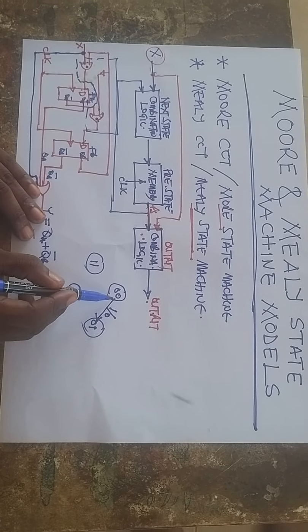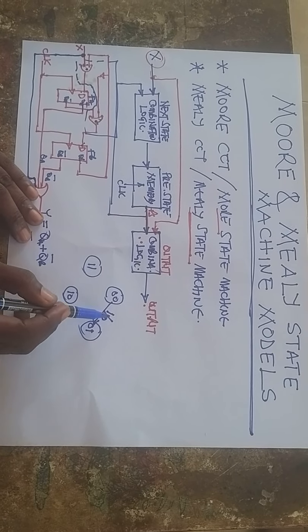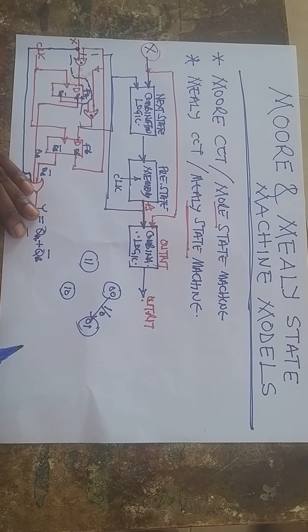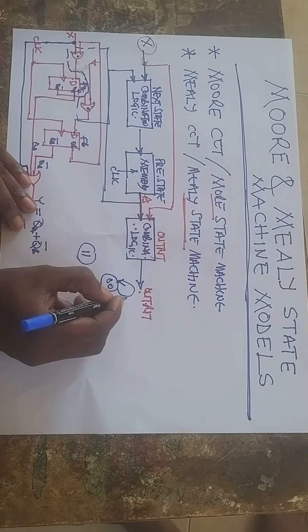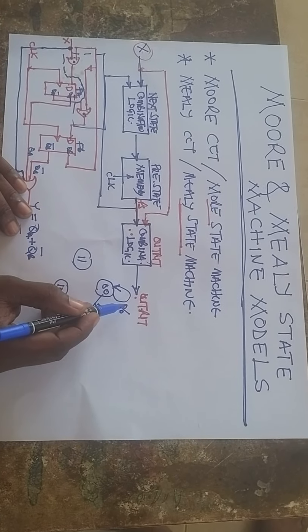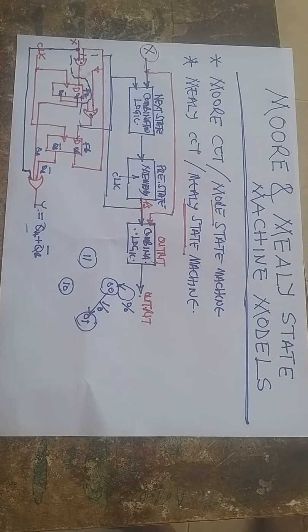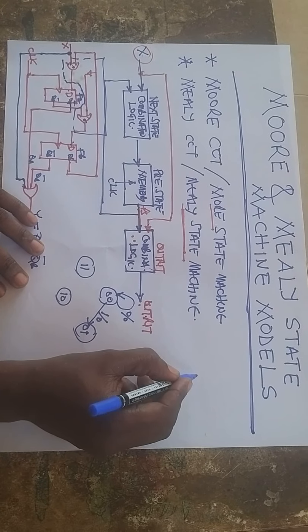So this means that it is transitioning from 00 to 01. The input that caused the transition is 1 and the output is 0. And then here is 0/0. It means when the input is 0, there is no change.